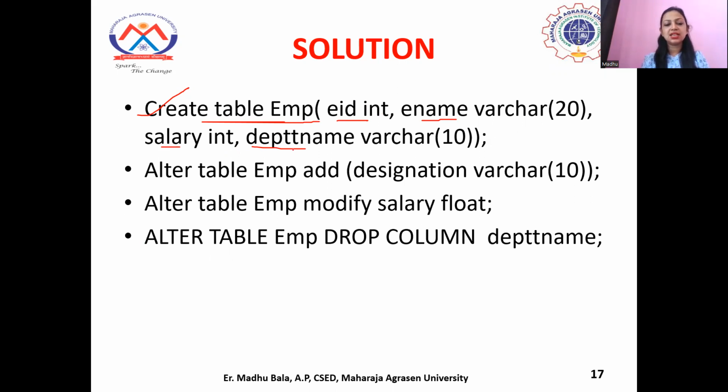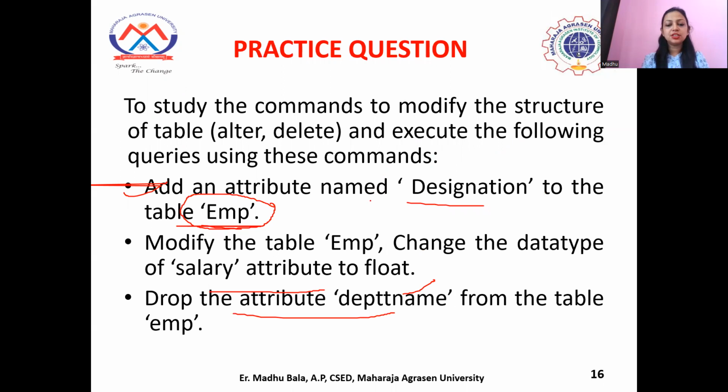For salary, I have taken int, and for department name, I have taken varchar. So with this CREATE command, we have created a table EMP having four different columns: employee ID, employee name, salary, and department name.